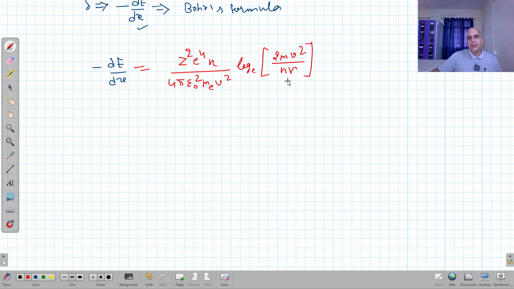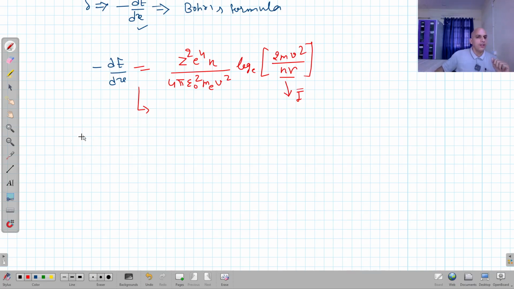In some books you can find I written in place of h nu. I will explain what is the meaning of I bar. So this is the Bohr formula. Now this formula was later on modified by Bethe and Bloch by taking into consideration relativistic corrections and some quantum corrections.